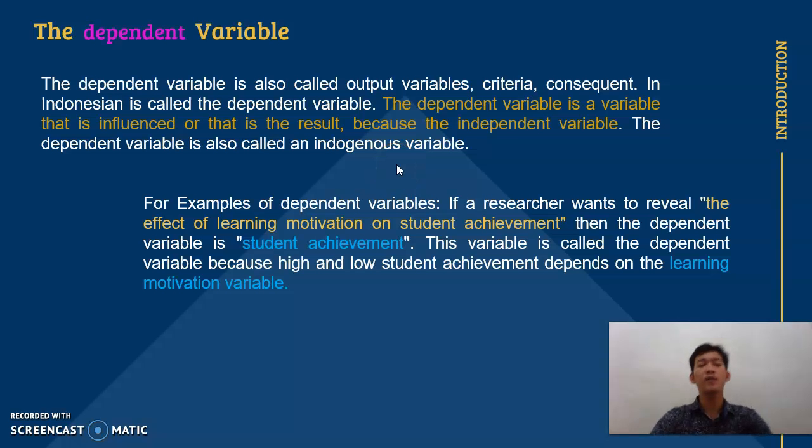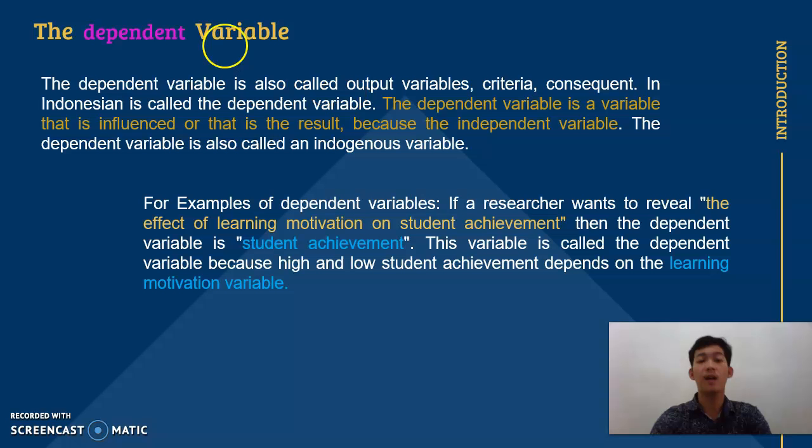So what is the difference between independent and dependent variable? As I said before, independent variable is the cause of the other variable, but the dependent variable is the effect or the result from the independent variable.